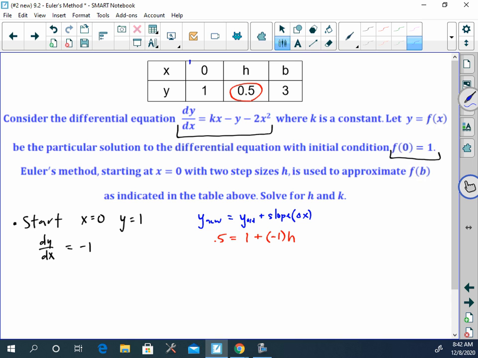So when we're looking at this table, it gives us the step size because we're going from 0 to h. So my first step size would be h. And then my slope I know is -1 just by plugging in the 0 and 1 for the x and y. And the old y value we know is 1. And then the new y value would be this new value from the table. Do you guys see all of that?